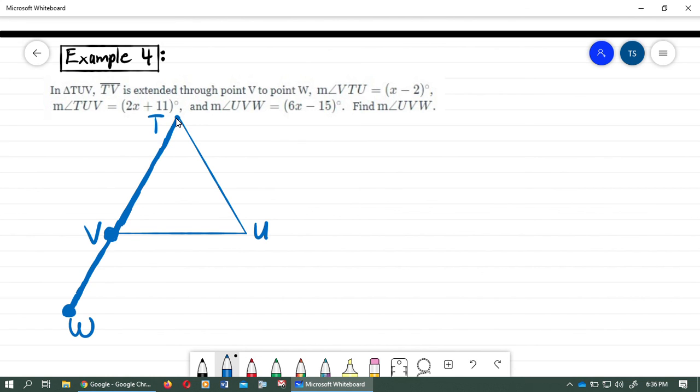I drew a triangle. I labeled the vertices as what they said the vertices were. I identified which segment they were talking about, segment TV. I extended it through the point that they said to extend it through. So it went past point V, and I extended it all the way to point W. That wasn't hard, was it?